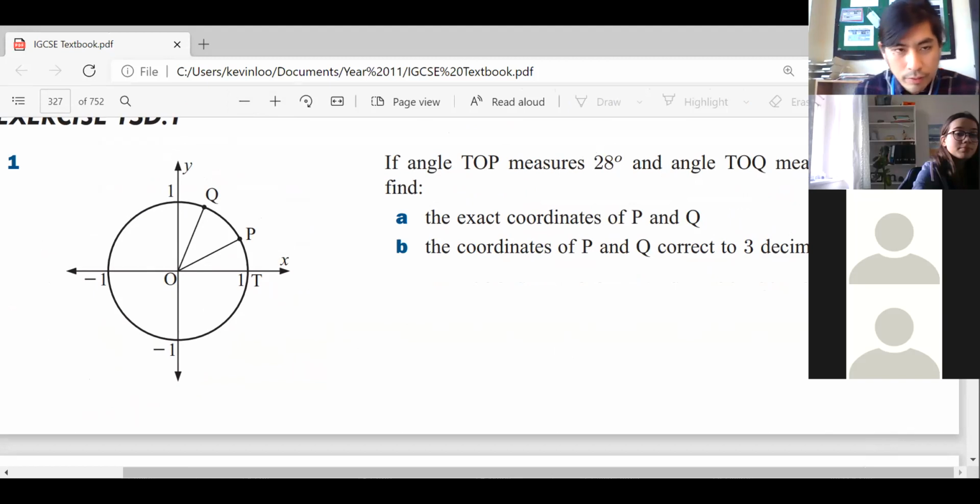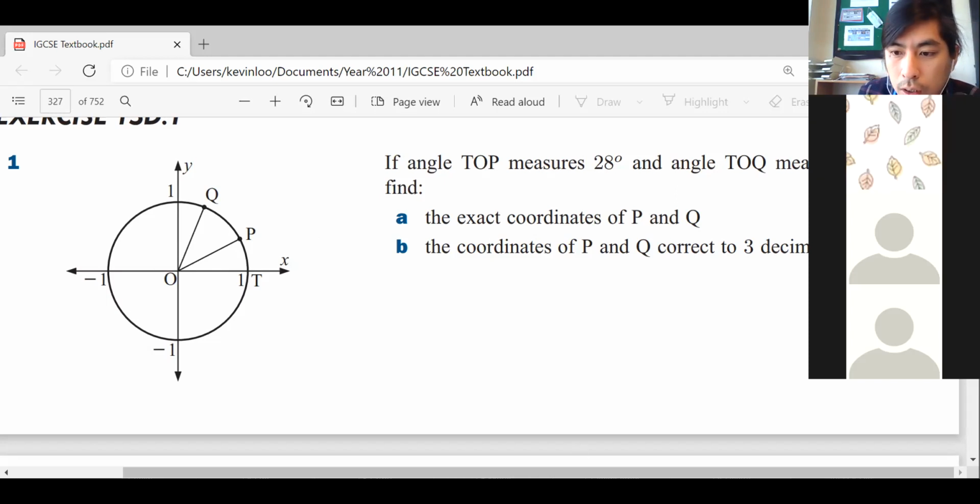It's exactly the same as the one above. What would the x coordinate of P be? Well, x is what? Cos or sine? This angle here is 28.